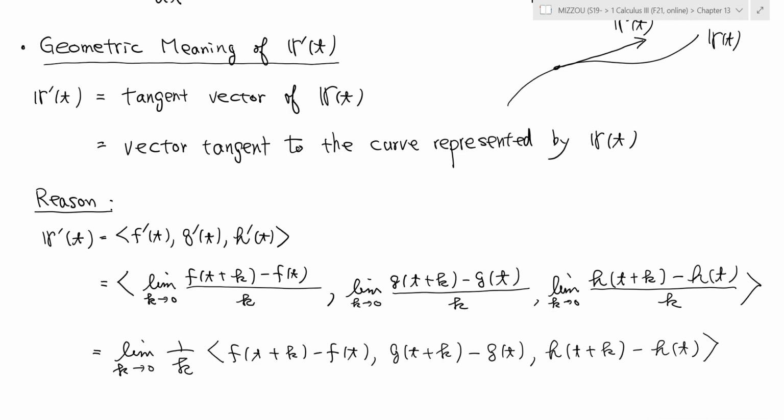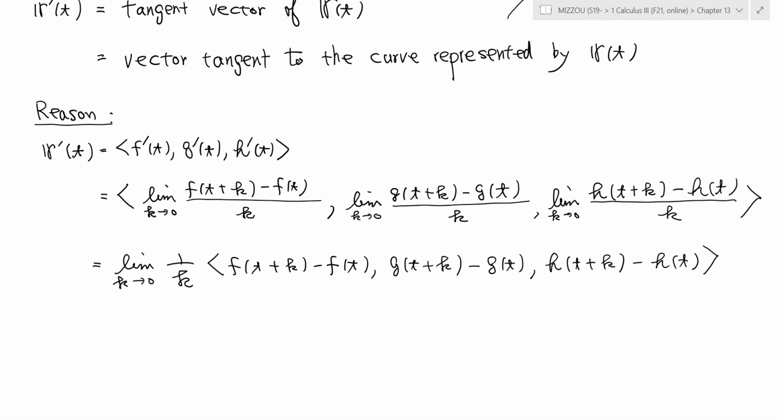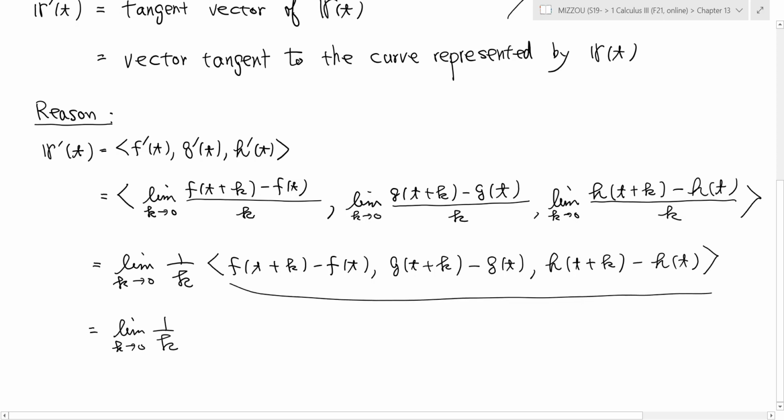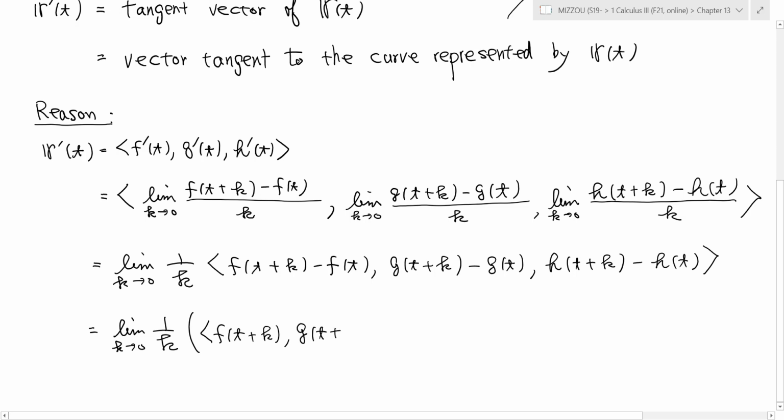Then you can rewrite this as the limit as k goes to 0 of 1 over k, and you can decompose this in the following way, minus f of t, g of t, h of t.